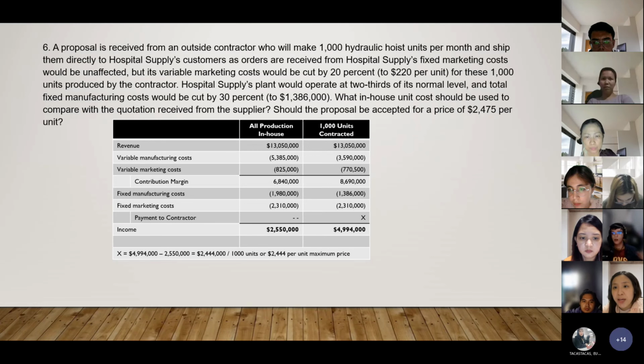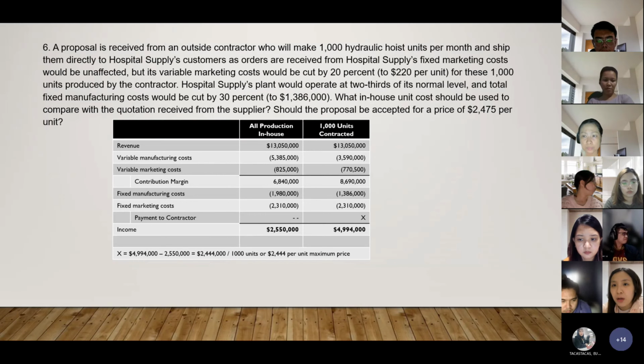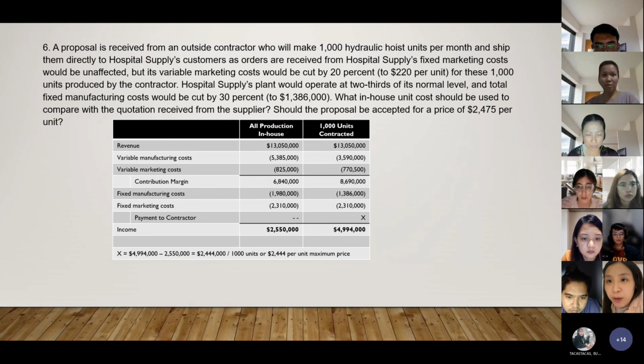So we get 2,444 per unit as the maximum. We arrive at this price simply by subtracting 2,550,000 from 4,994,000.